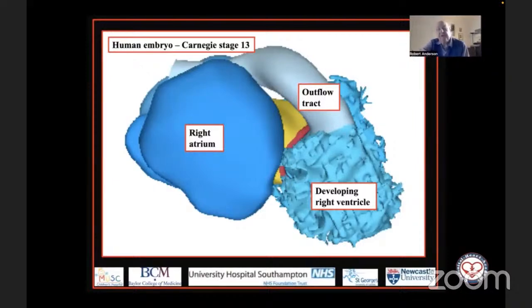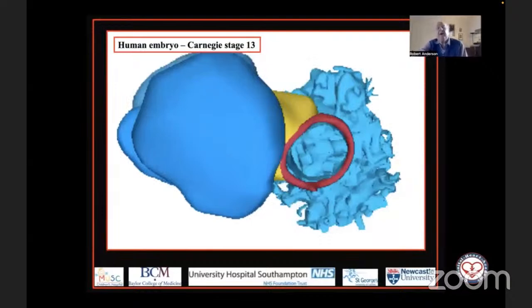Now, the beauty of these interactive PDF files is that you can take away the parts that are obscuring your particular view. So in this interactive PDF file, I can take away the apical trabecular part of the right ventricle and the outflow tract. And now you are looking directly into the primary interventricular foramen.